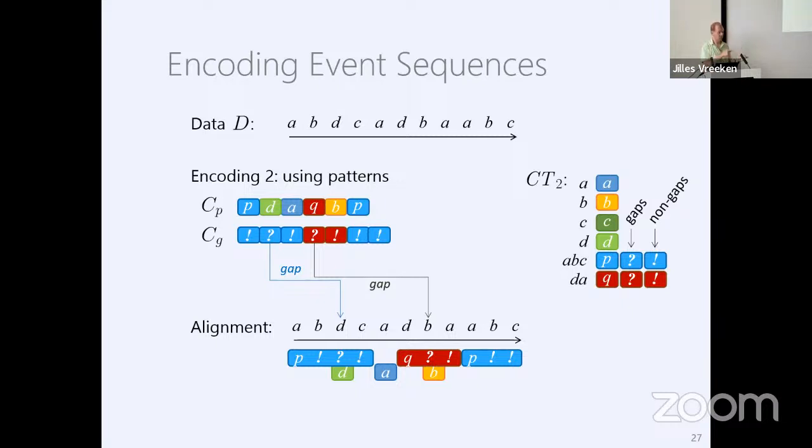Because when we started, we were smarter, you could say, and we did not allow patterns in gaps, also in the encoding. So if we saw a gap, we only looked at the usages of singletons in gaps. So that's really like a noise element. And the problem is that it worked too well. The algorithm got really happy about this.